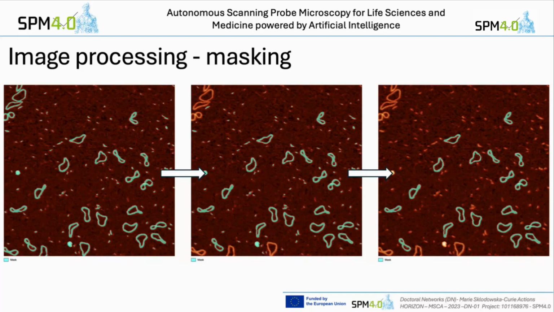So then we've got just the data that we're interested in, and we can start to try and quantify what we're seeing there. I'll go through a bit later the things that we can pull out of these images.